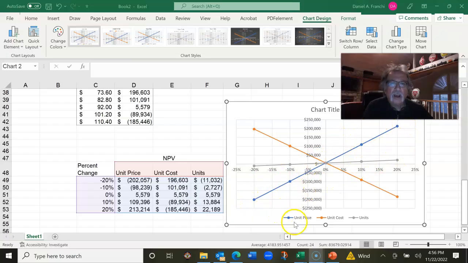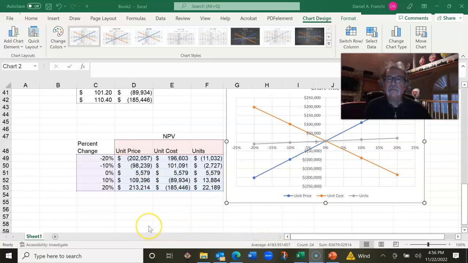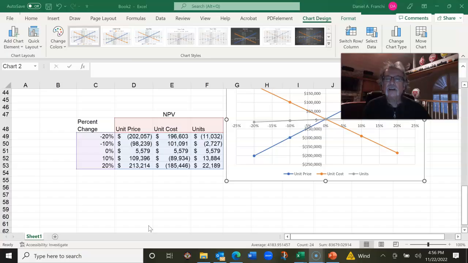But what I want to talk about next is this is one way to look at this, and this gives you magnitude. And you can do this with internal rate of return. But I think what's really powerful is looking at the percent change in net present value. Okay, so let's look at this. Let's do another table here.